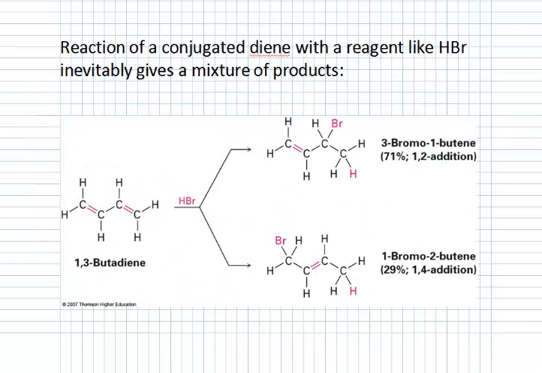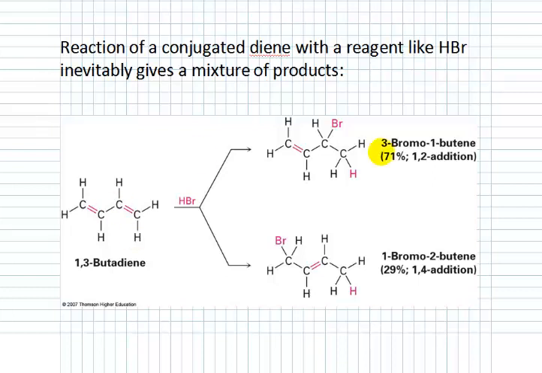Now, if I have a conjugated diene, and I react it with something like a strong acid, HBr, HCl, something like that, instead of just getting the single Markovnikov product, we will get two products. We'll inevitably get a mixture of products.